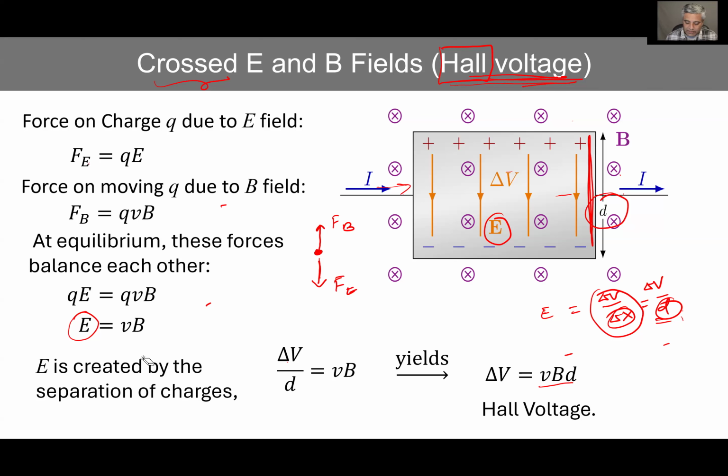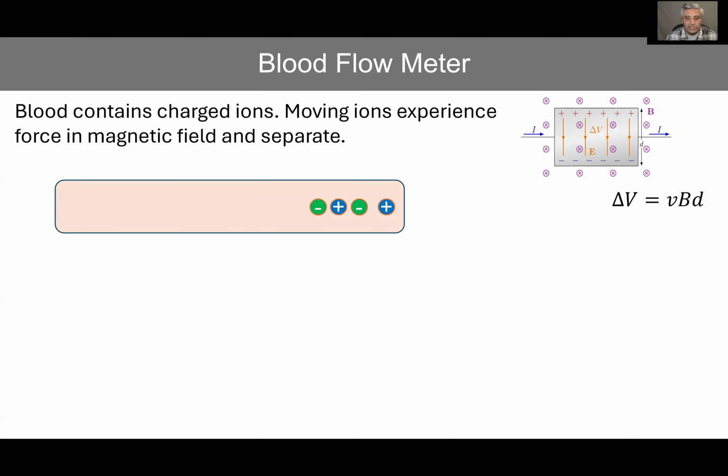You can actually measure this potential difference using a voltmeter, for example. Okay. So now, our body has blood, and blood is made up of ions, positive and negative charges, right? Blood has a lot of things, but if you have ever tasted blood, it tastes salty.